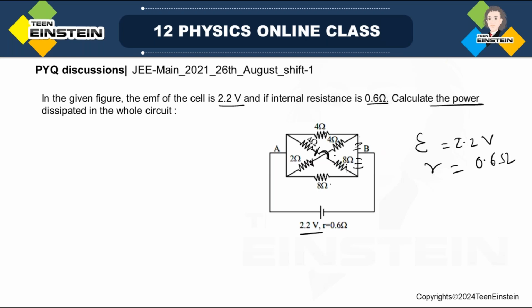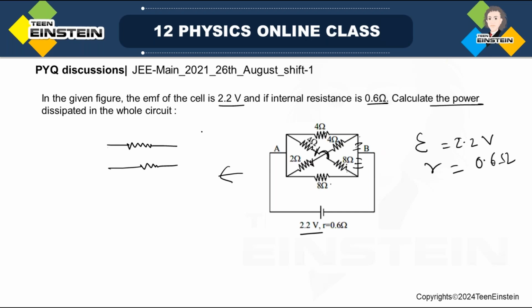So ultimately, you get the equivalent circuit for this. See, this all will be in parallel combination.